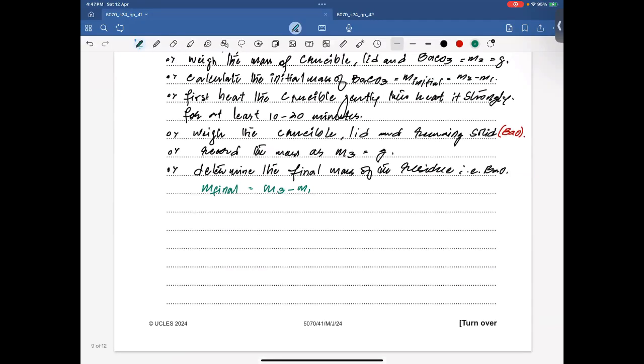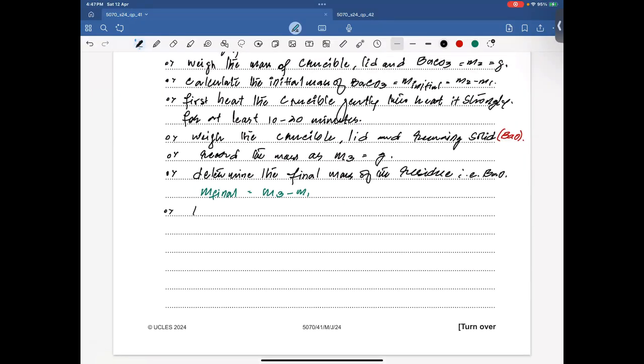For reliability of the experiment, reheat the crucible and reweigh until constant mass is observed.